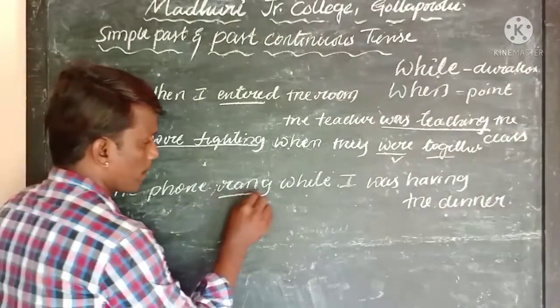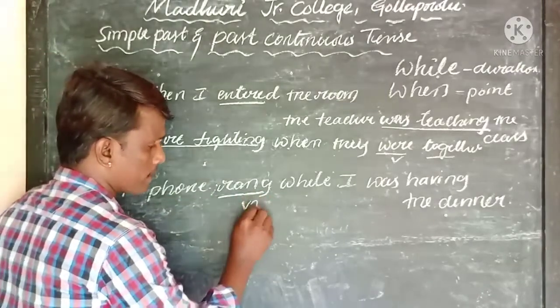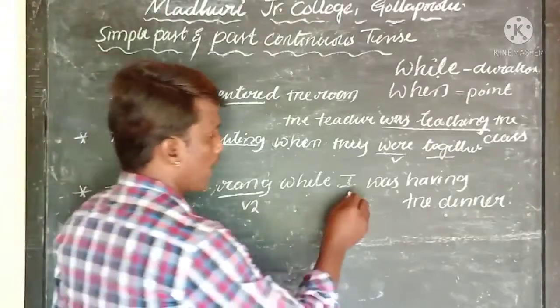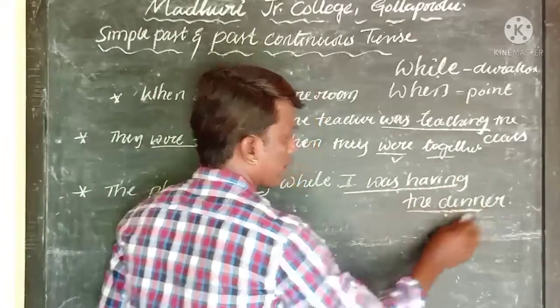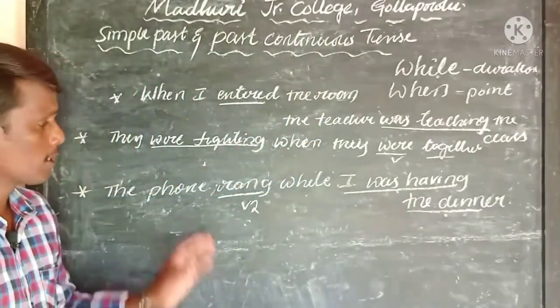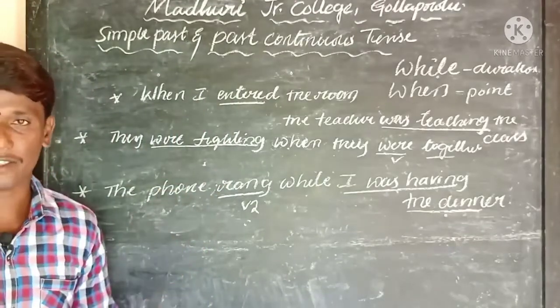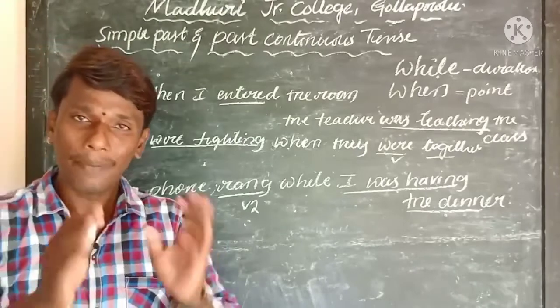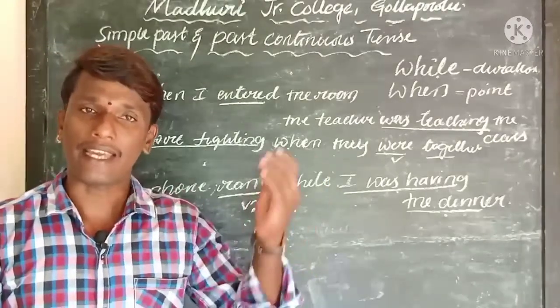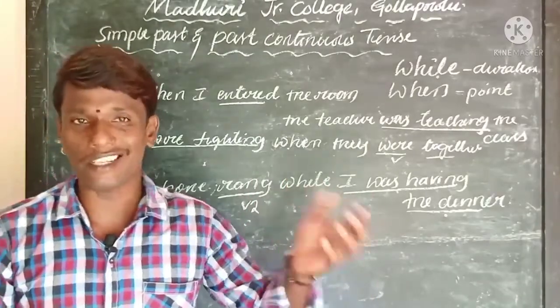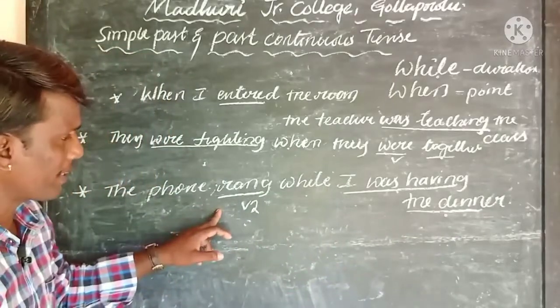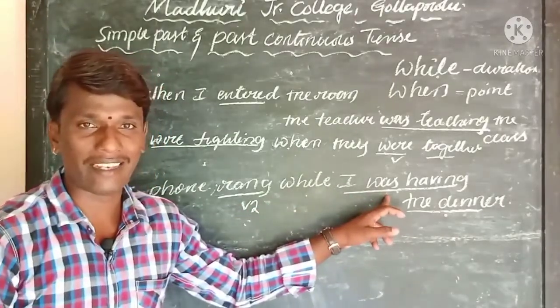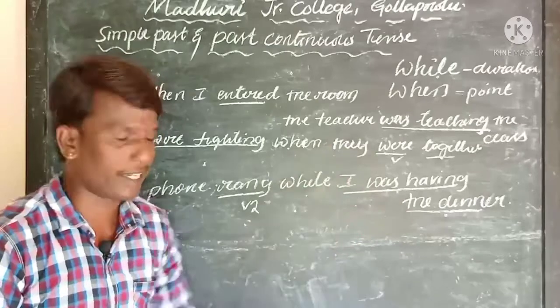Here, the phone rang is simple past tense, whereas I was having the dinner is past continuous tense. So these are the two past actions. One action indicates a completed action in the past, and another one is a continuing action in the past. These two are past actions.